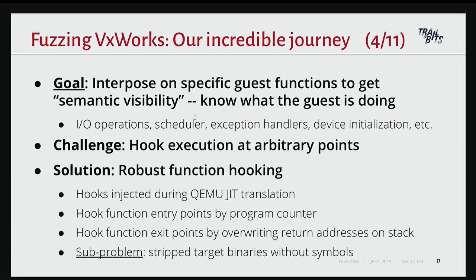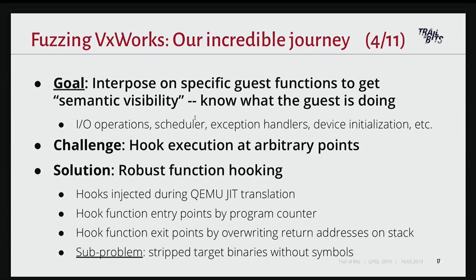And this notion is important for other things. In user space, you get a segmentation fault and your program crashes. In a kernel, you get an exception, and it gracefully handles it and keeps going. So we also needed visibility into exception handlers so that we could catch the equivalent of crashes.